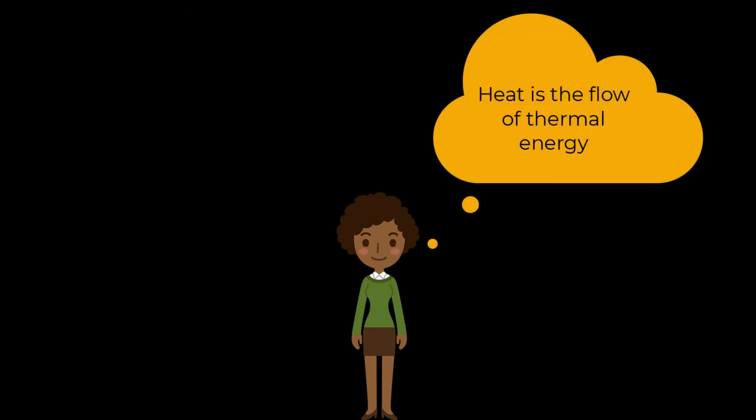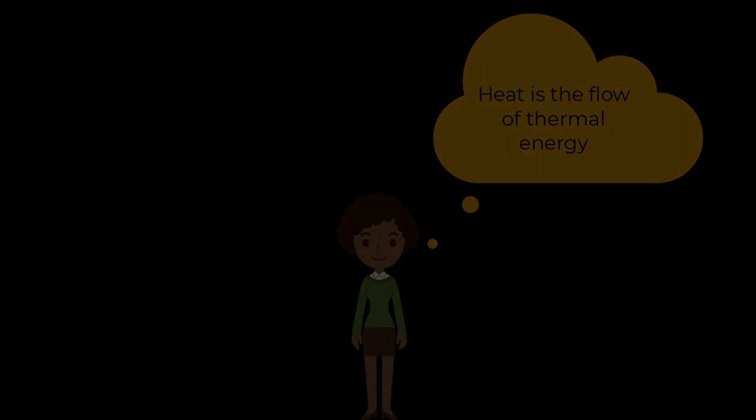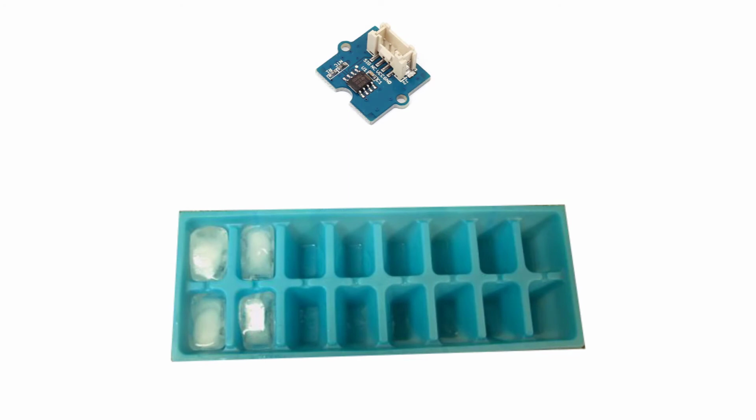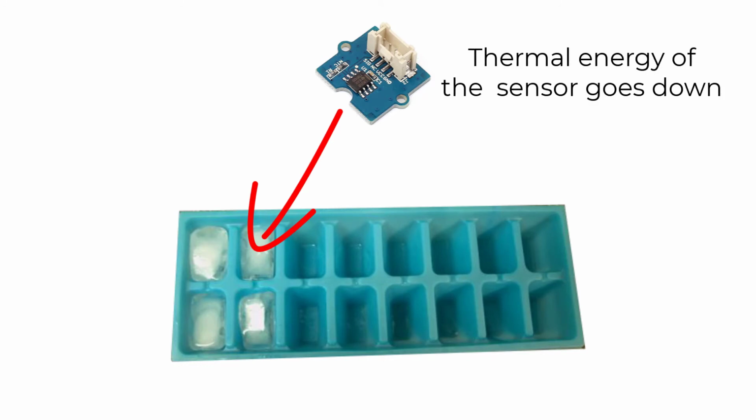Let's think about this in terms of our thermometer and a tray of ice. Our temperature sensor is warm relative to the ice, and so heat flows from the temperature sensor into the ice. When the heat flows out of the temperature sensor, it measures a lower temperature.